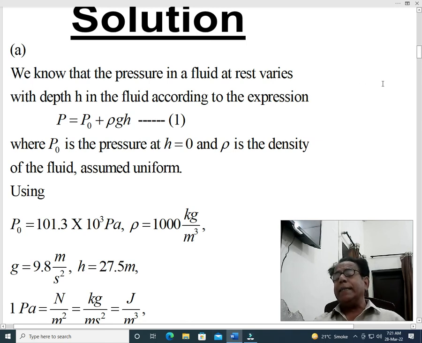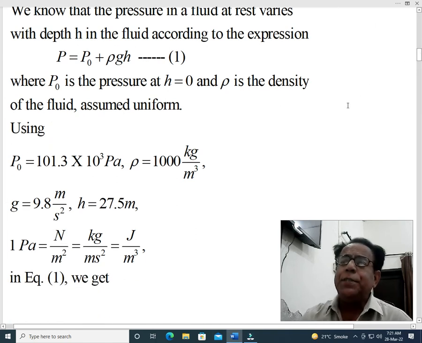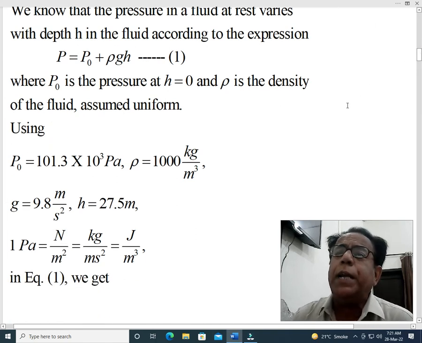I have said that while solving problems of physics, we are concerned with three types of data provided in the statement. One type of data is expressly provided in the statement. The second type of data is that which we are required to calculate, which we are required to find at the end of the solution of that problem.